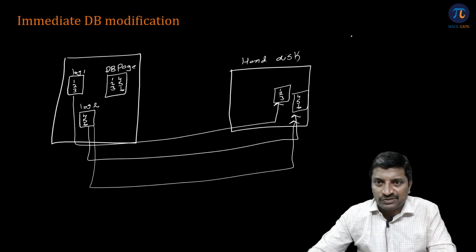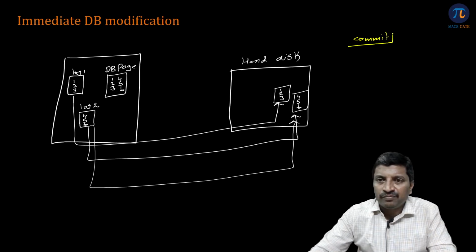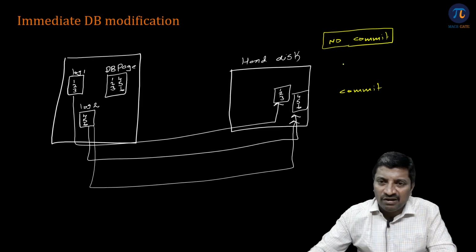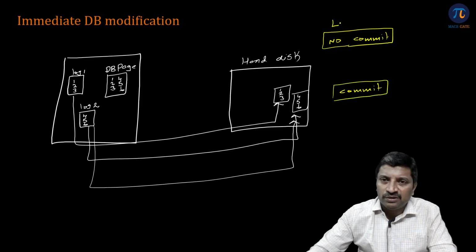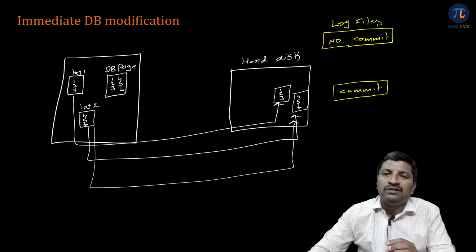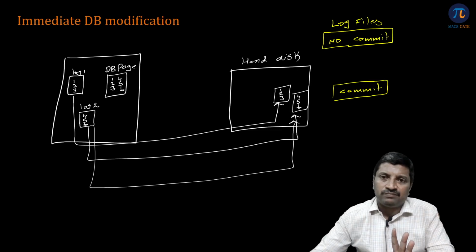Suppose a crash occurs. So we verify the same thing, commit. Let us assume there is no commit. What will happen? Or let us assume there is a commit. Sir, we are always verifying this commit or no commit in log files only, because we should know whether we started on the original database or not, right?